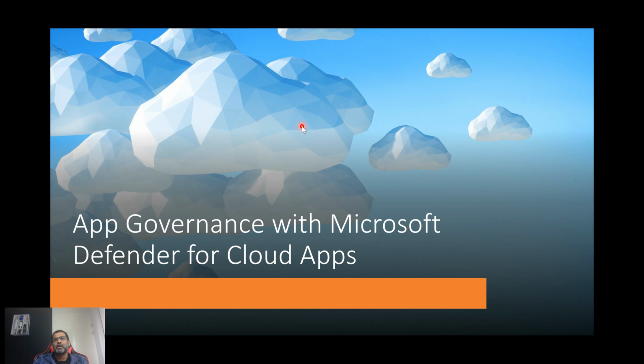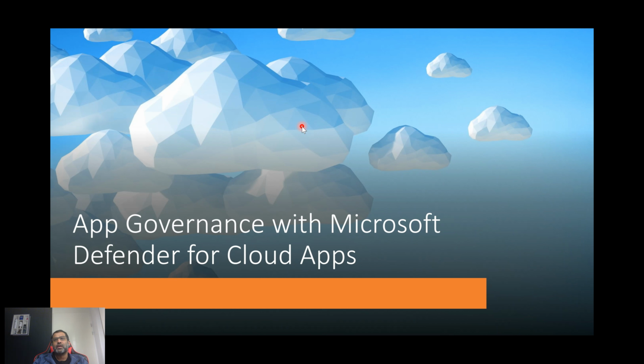I would really suggest taking a look at the previous video to see the benefits of utilizing Microsoft Defender for Cloud Apps. But here we are going to talk more about the app governance of managing the OAuth applications. So first, let's have a little bit of description about how open authorization works.